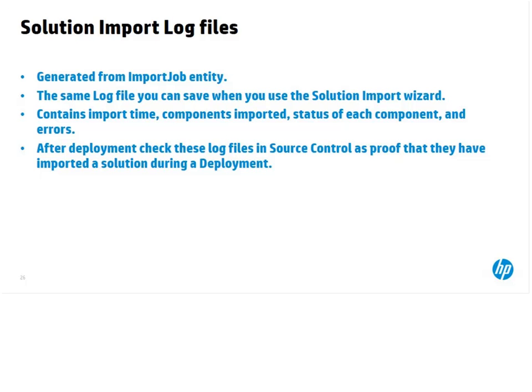If you're going to script the import process, then you can also script the generation of the same log file that you would get at the end of the solution import wizard. This contains how long it took the solution to import, the components that were imported, the status of each component, making sure every component imports successfully, and finally any errors. So if there's an error, there's a more detailed error description of why the import of a specific component failed.